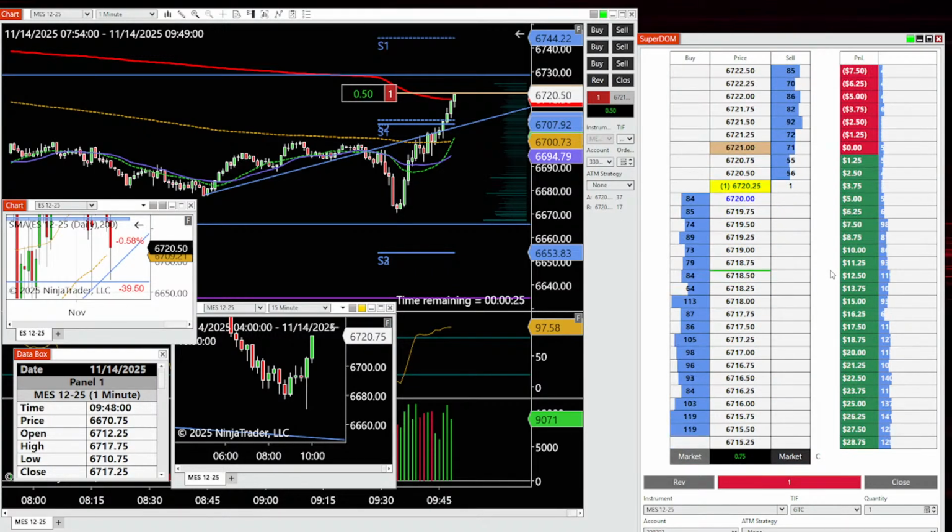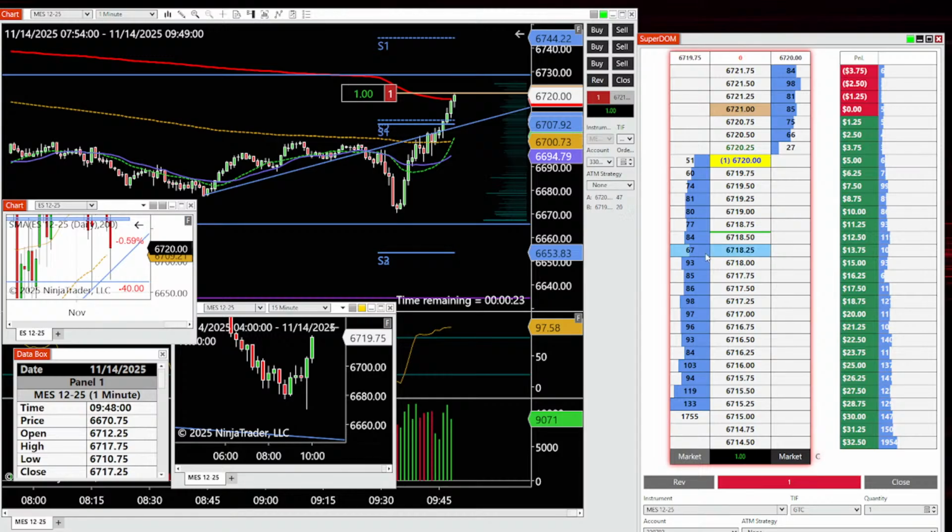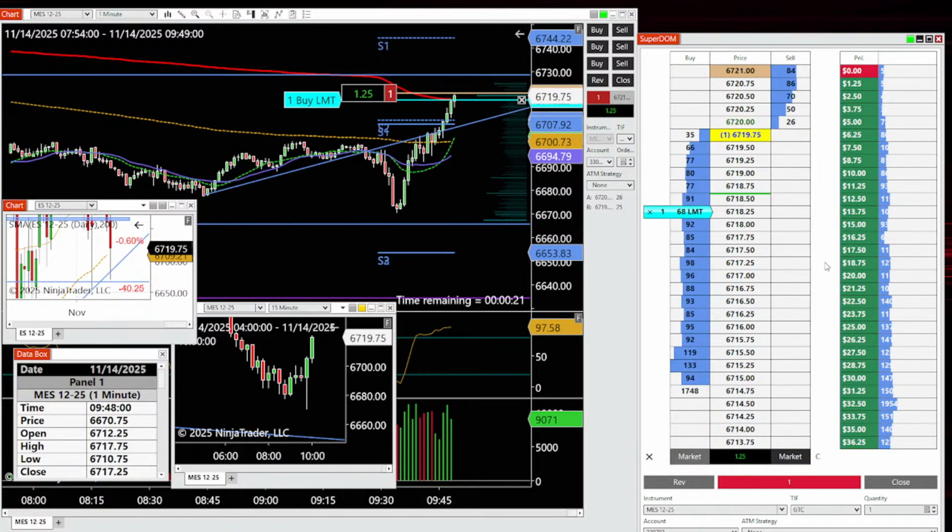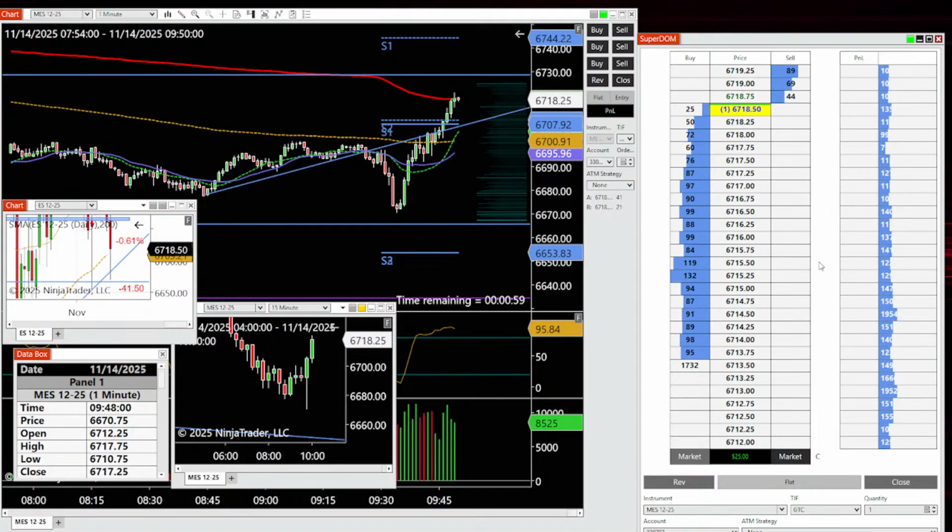Order filled. I'm gonna take a dip to see if it gets back below VWAP. It's still running. That 21, are we gonna stay over 20, or are we gonna test back below VWAP? Let's see if we test back below VWAP. Order filled. There we go.